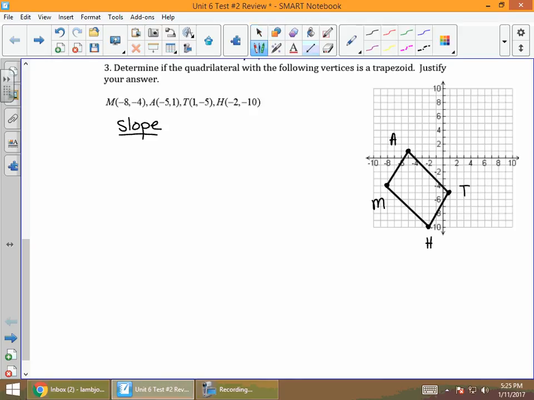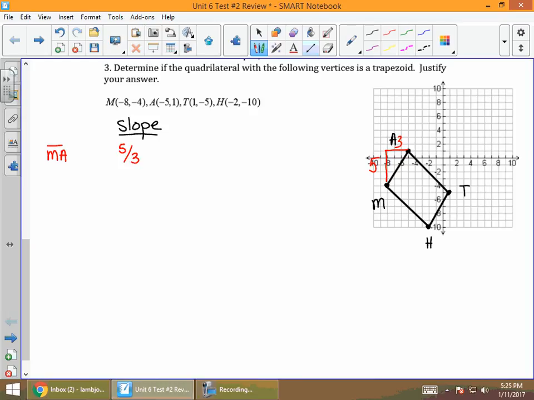All right, first segment I'm going to look at is segment MA. From M to A, I have to go up 1, 2, 3, 4, 5, and I have to go right 1, 2, 3. So slope is rise over run. So I rise up 5 and I run over 3.